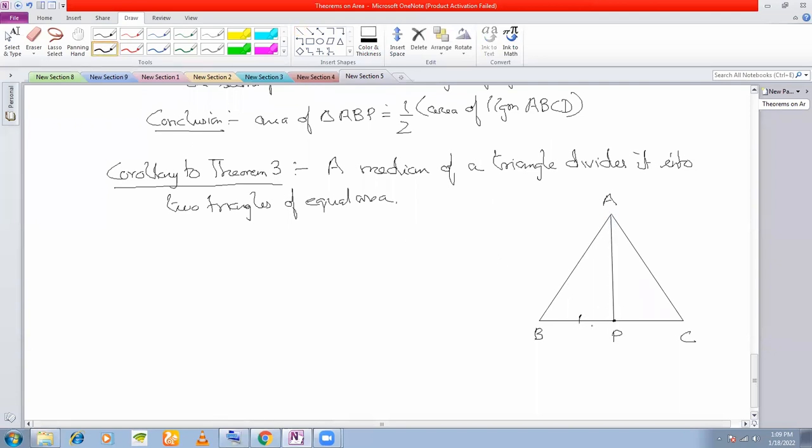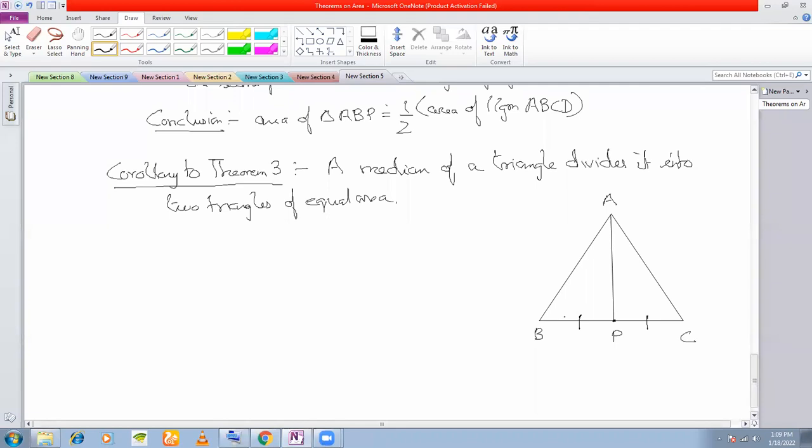That is, this must be equal to this. AP is called the median. So in order to construct a median, you take the midpoint P of any side, and from the opposite vertex, you draw a line joining the midpoint. Then that straight line is called the median.